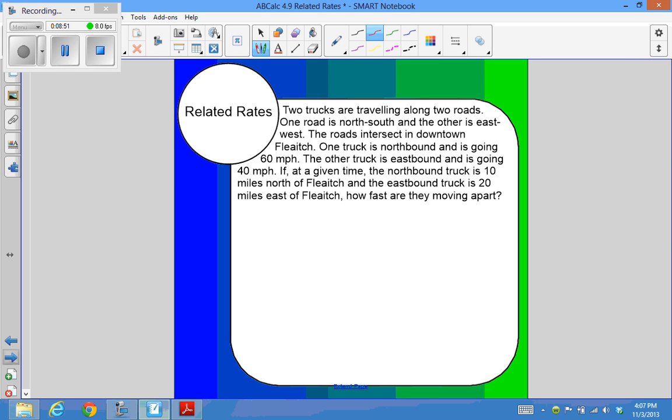Okay, so one road is north-south, the other is east-west, going like that. They intersect right here. This right here is your Flea-Itch town. The truck that is going northbound is going 60 miles per hour.